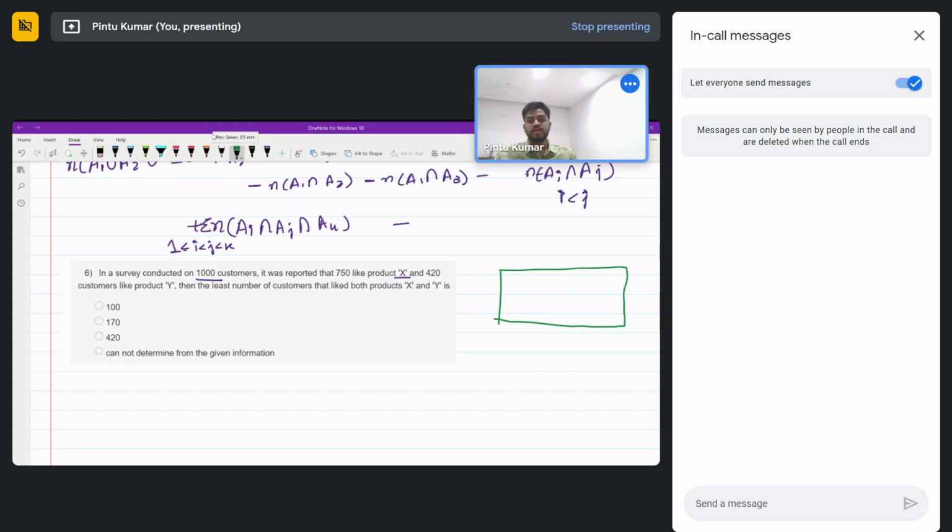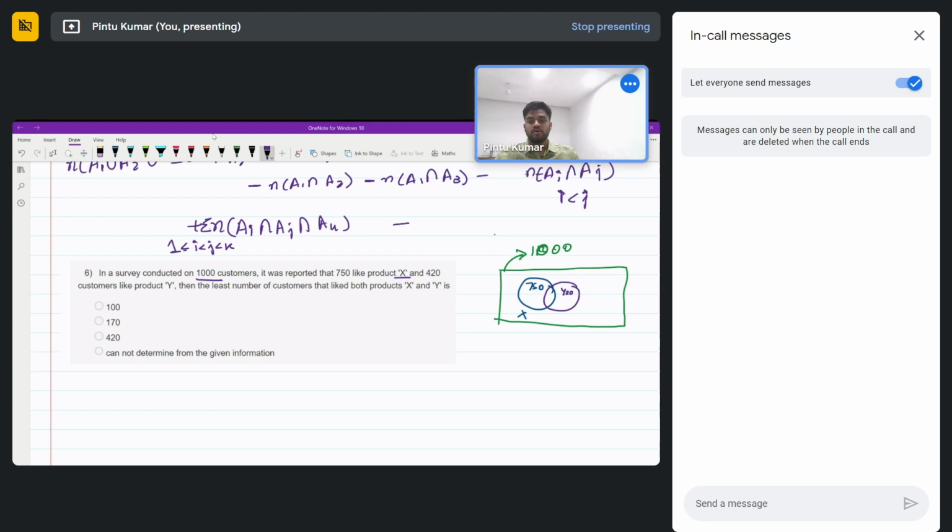The survey was conducted on 1000 customers, so your universal set contains 1000 customers. The number of elements in this rectangular box that I have drawn is 1000, and 750 like product X. Let's say this is the circle corresponding to product X, then there are 750 people who like this product. Also there are 420 customers who like product Y.